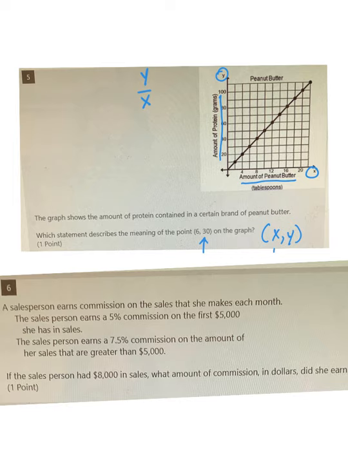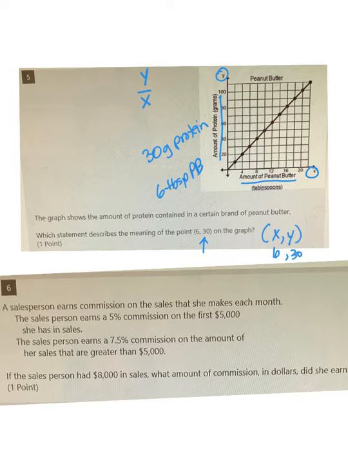So in this case, the x would be 6, so it's talking about 6 tablespoons of peanut butter. And the 30 is referring to the grams, 30 grams of protein.